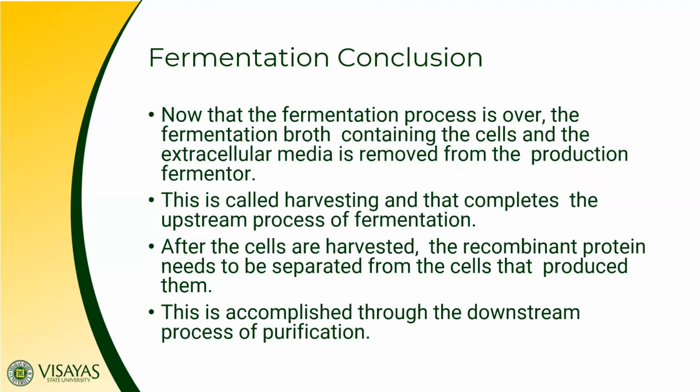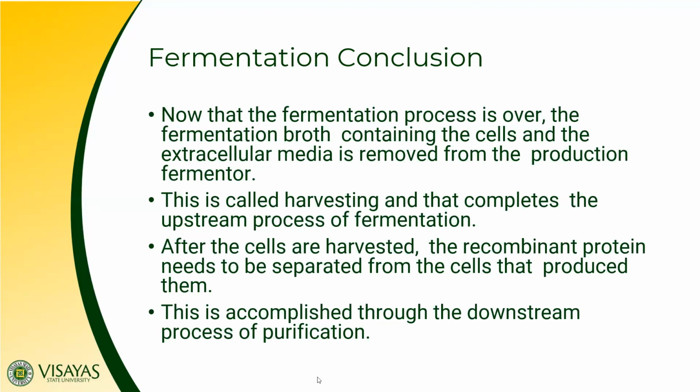For the conclusion of the fermentation process, now that the fermentation is over, the fermentation broth containing the cells and the extracellular media is removed from the production fermenter. After the fermentation process, there is now the harvesting, which completes the upstream process. After the cells are harvested, the product itself, not just the recombinant protein, should be separated from the cells that produced it.